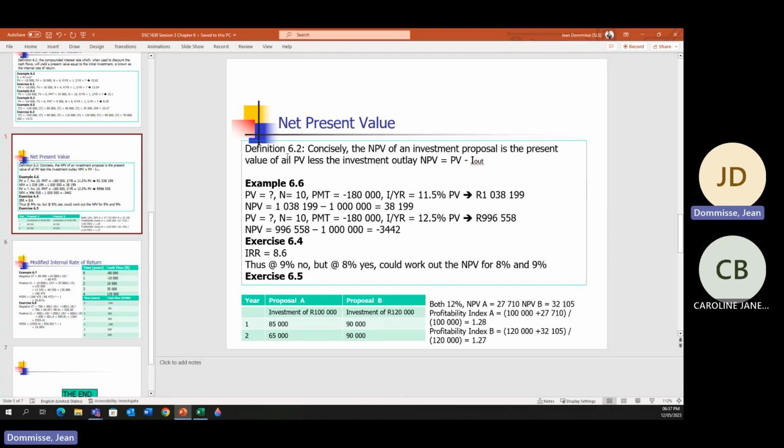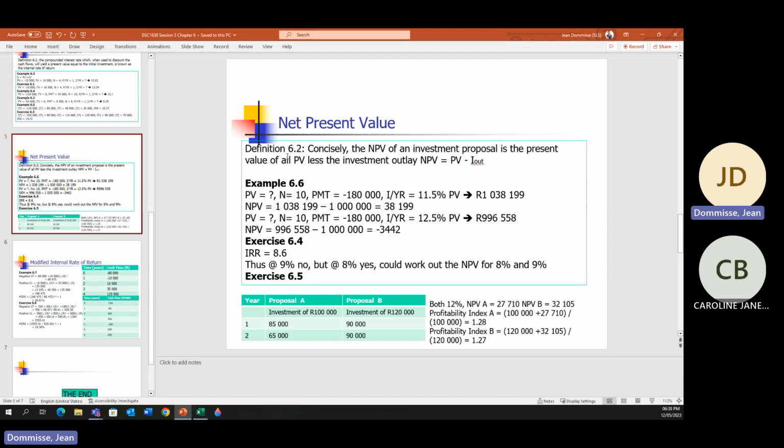We basically need to work out what is all the present value or the future value. They will need to tell you which one. They need to give you at least most of the information. So if they don't give you the present value, you need to work it out.